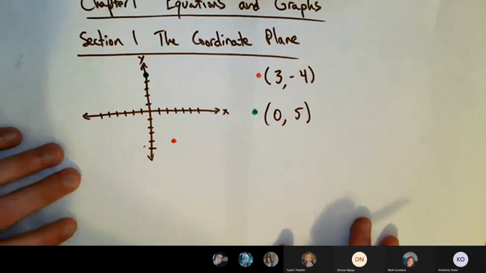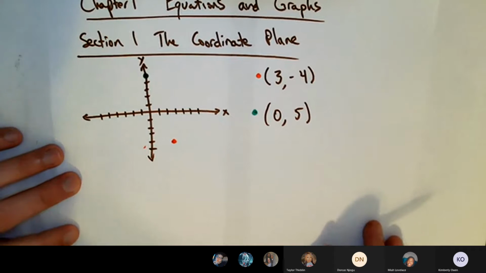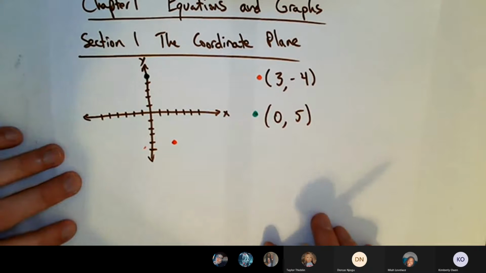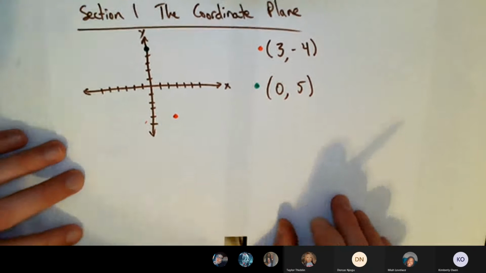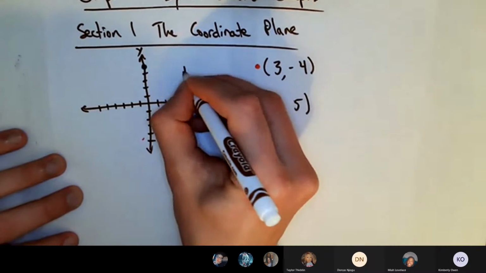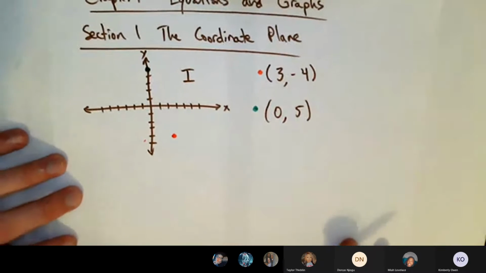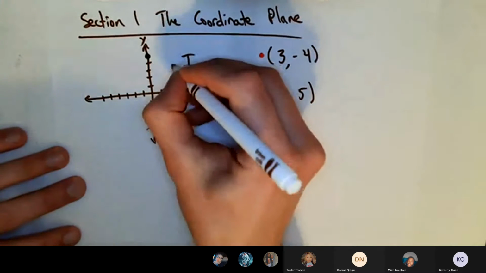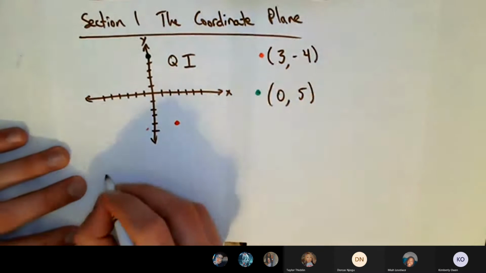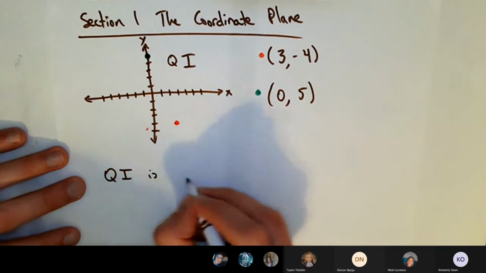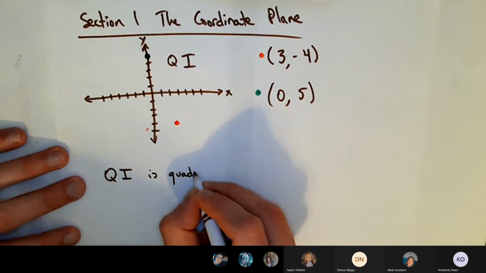Okay, let's talk about the structure of the coordinate plane, just some basic names for different pieces of it. This area here, where both x and y are positive, is called quadrant 1. So we call this Q1, with a Roman numeral 1.